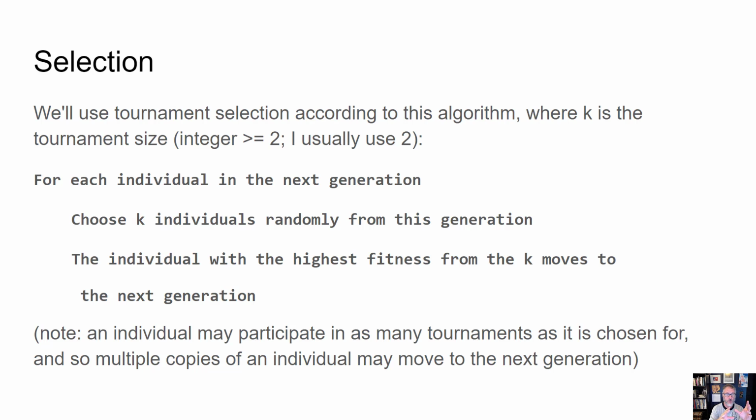If it wins more than one, cool. That just means it has more copies of itself in the next generation. Every time you win a tournament, it makes a copy of your chromosome into the next generation, and the more you win, the more copies of you survive. Over time, highly fit individuals tend to dominate, and that's how you converge to a solution.